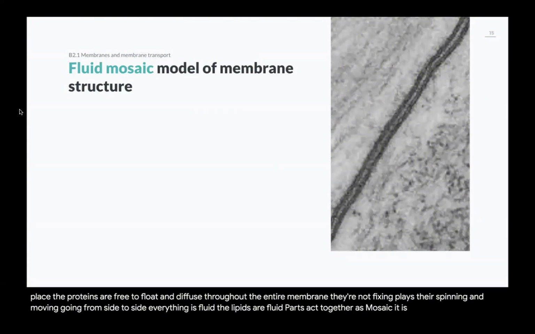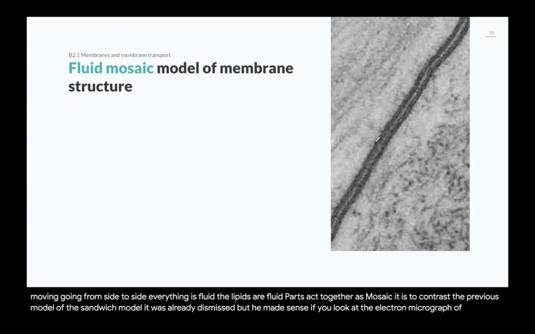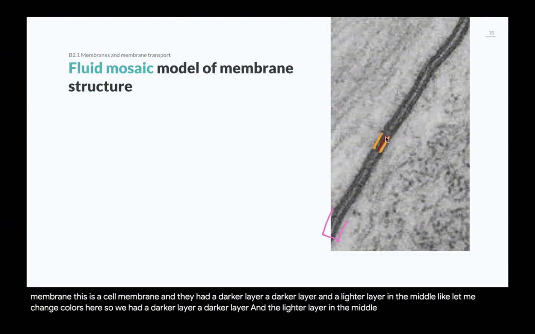It is to contrast the previous sandwich model. It was already dismissed, but it made sense if you look at the electron micrograph of a cell membrane. This is a cell membrane, and it had a darker layer and a lighter layer in the middle. Let me change colors here. So we had a darker layer and a lighter layer in the middle, kind of forming a sandwich.